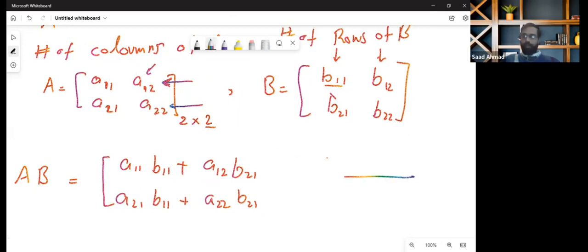So A11 times B12, this one will go here, plus the second entry A12 times B22.